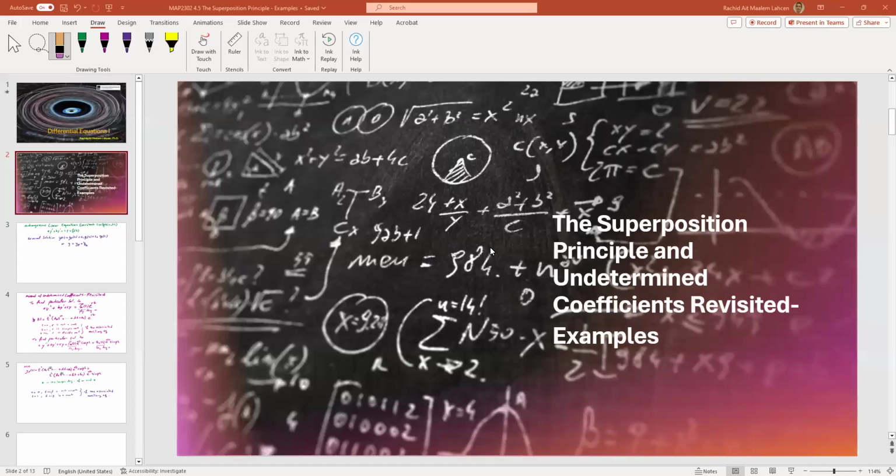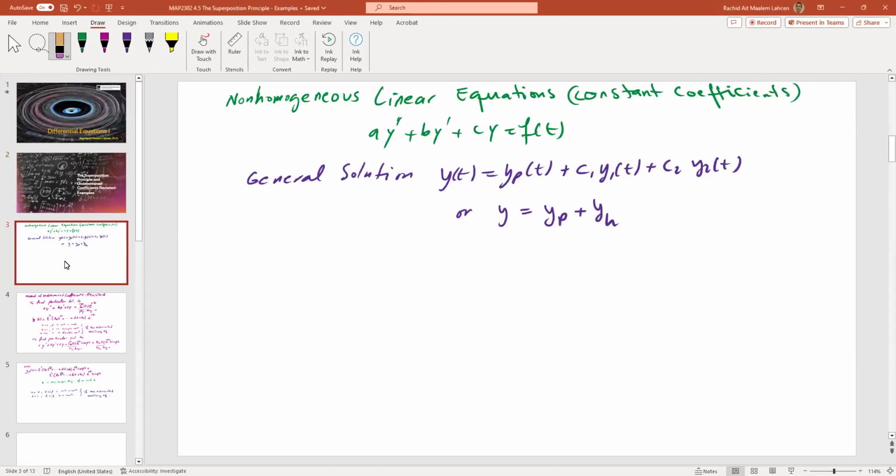For this video, some examples about this superposition principle, and we revisit the undetermined coefficients method. As I mentioned in the other video, this can be used for higher order, but we're using second order here, and it is for linear equations with constant coefficients.